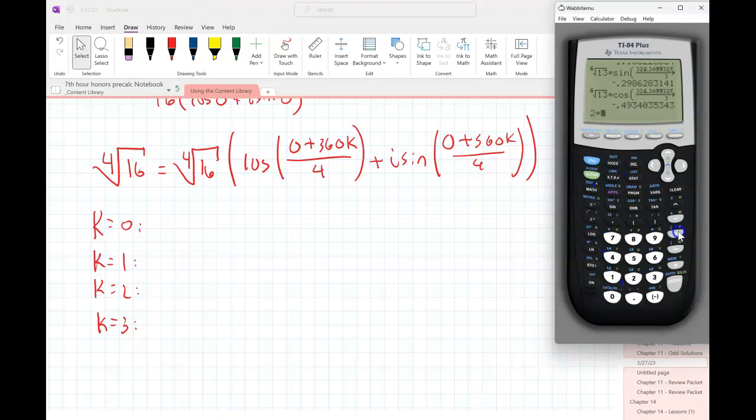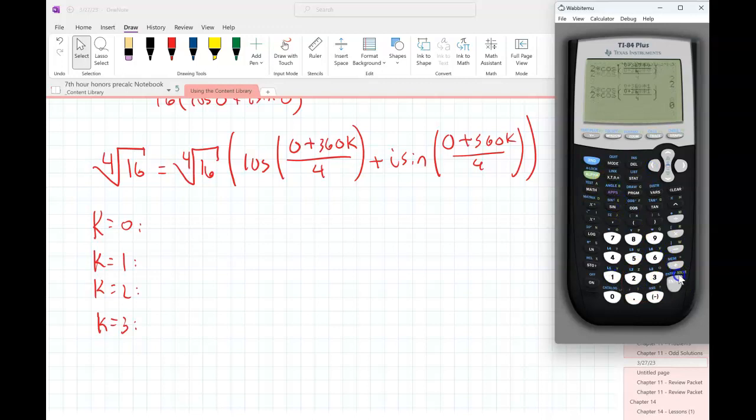So the 4th root of 16 is just 2. And I have cosine of 0 plus 360 times 0 over 4. That's 2. And then we'll update that 0 to a 1.